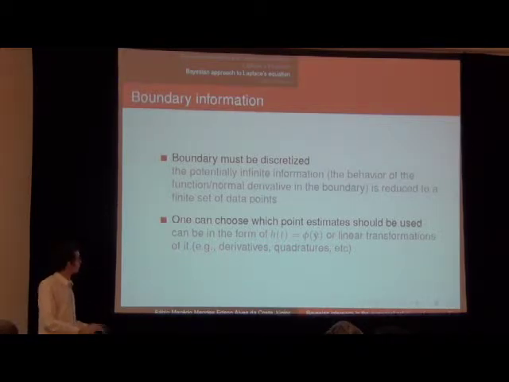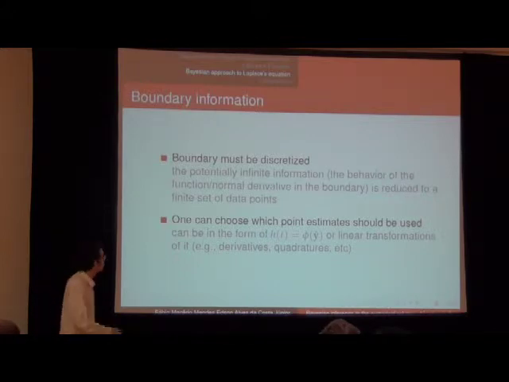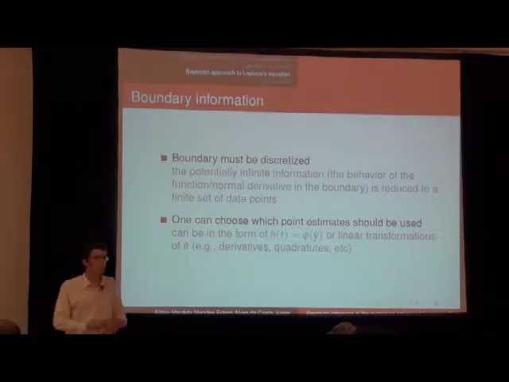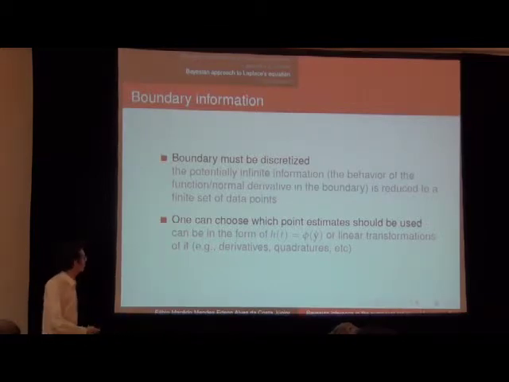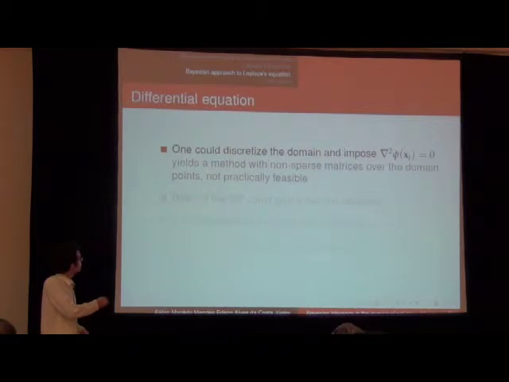And we can consider as valuable information here not only the values at different points, but also basically any linear transformation over it, like its derivatives. You can compute quadrature. Any of this information can be used in this context, and it's good to have some flexibility because some information may be more useful than others to get the solution.